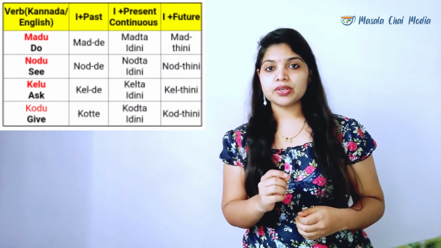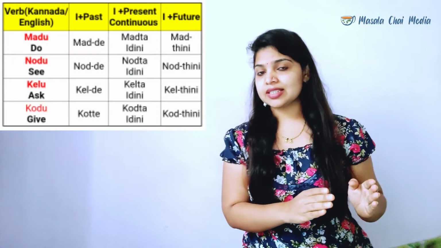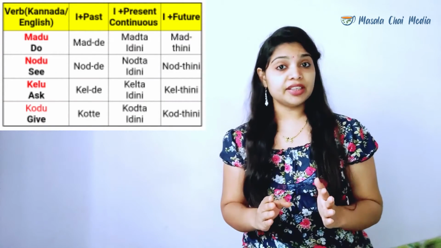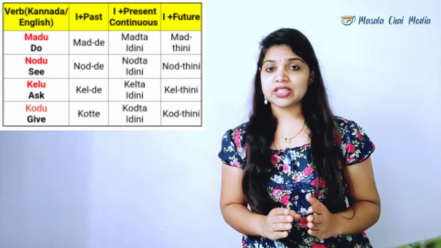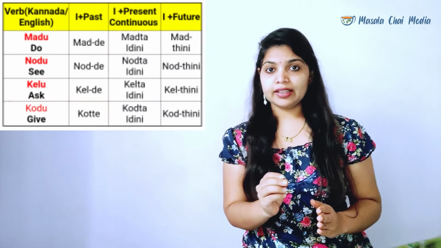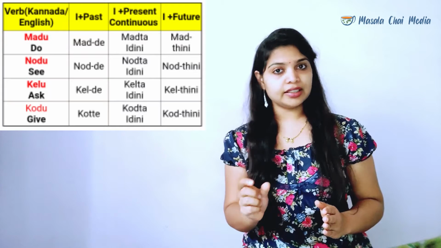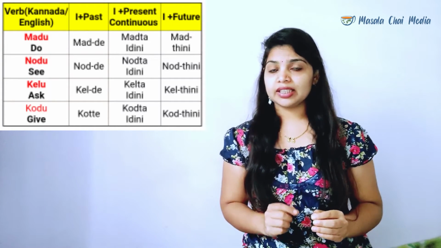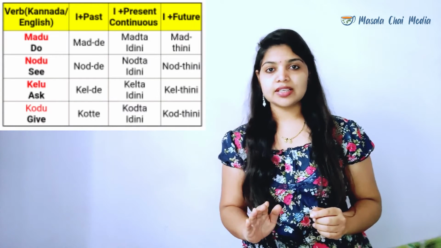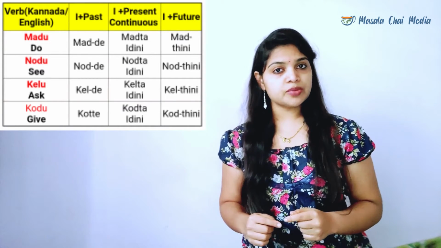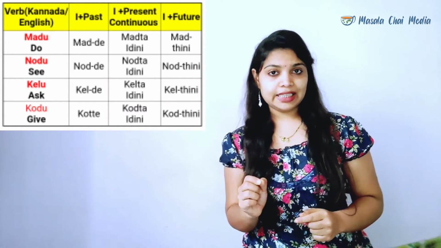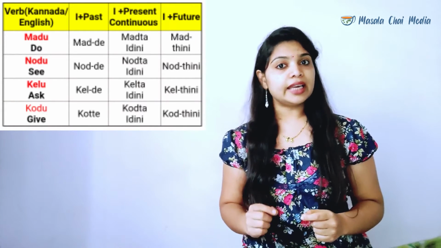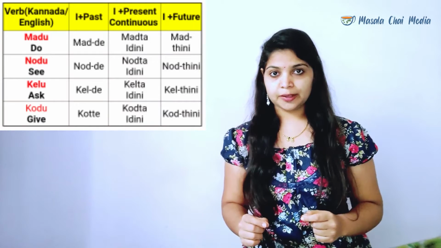If you observe, everything in the past tense ends with de: kelde, nodde, madde. Everything in present continuous tense ends with ta, and idini is the extra word: kelta idini, nodta idini, madta idini. In future tense, tini gets added: madtini, keltini, nodtini.